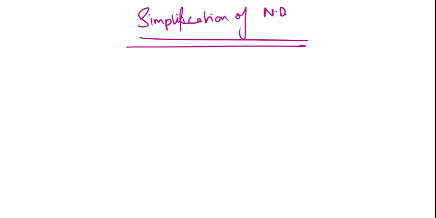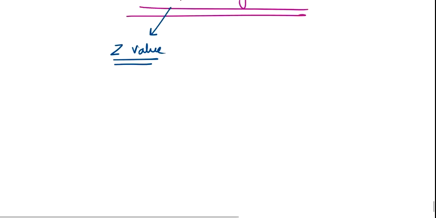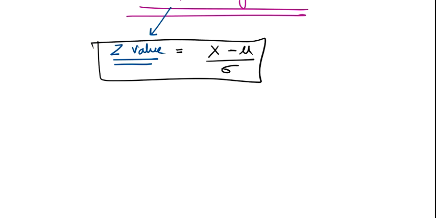Now what additional thing we are adding is a z value. In order to simplify, we need to simplify something, so we are creating a new z value. Now what is this z value actually? First of all, I will write the formula and then we will do something. Okay, this is the formula to find out the z value.